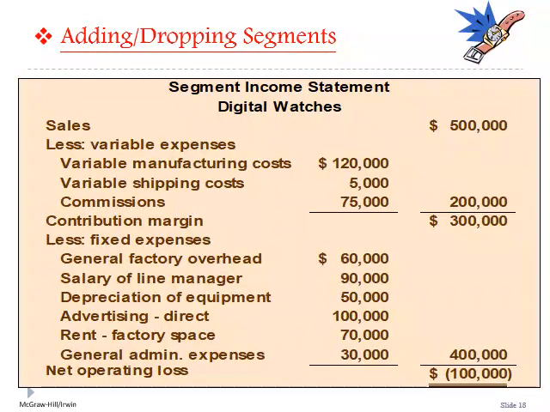So first of all, you have to prepare a segment income statement for digital watches. This statement follows the contribution margin approach. So sales minus all variable costs. The result will be the contribution margin, which is 300,000. We will compare this number with the total fixed expenses.